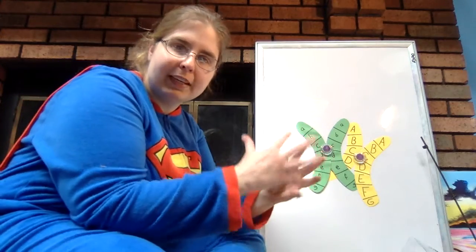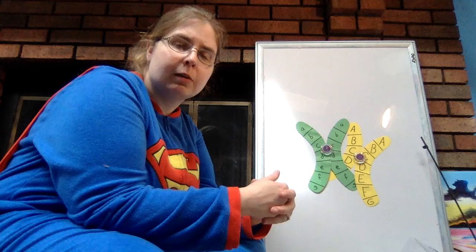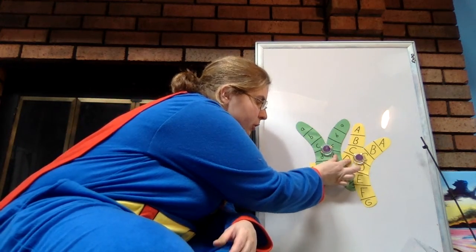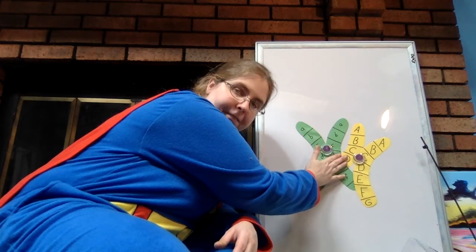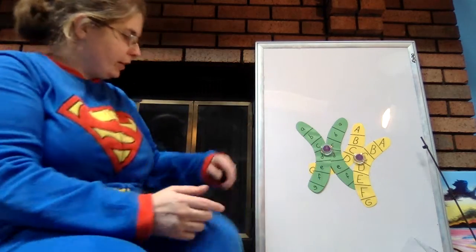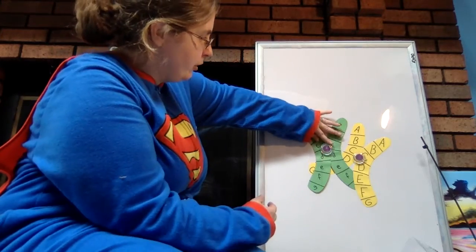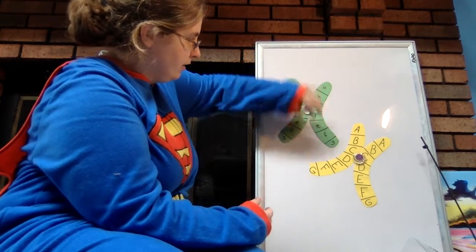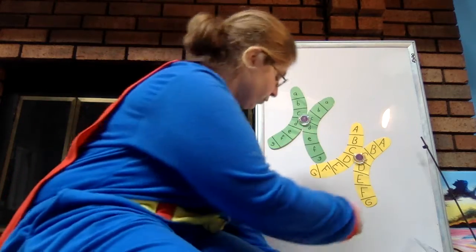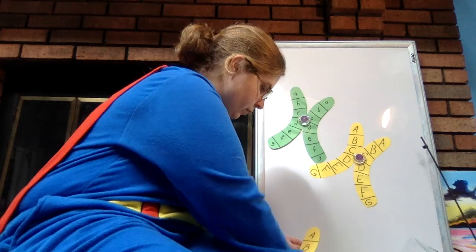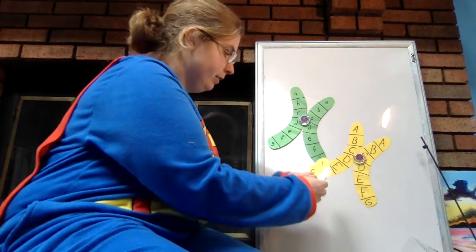The tetrad is just when they get so close that it allows for something called synapsis to occur. And what that is, they get so close, they actually fuse together. And when they separate, they're going to exchange some information. So we end up with lots of little pieces down here.